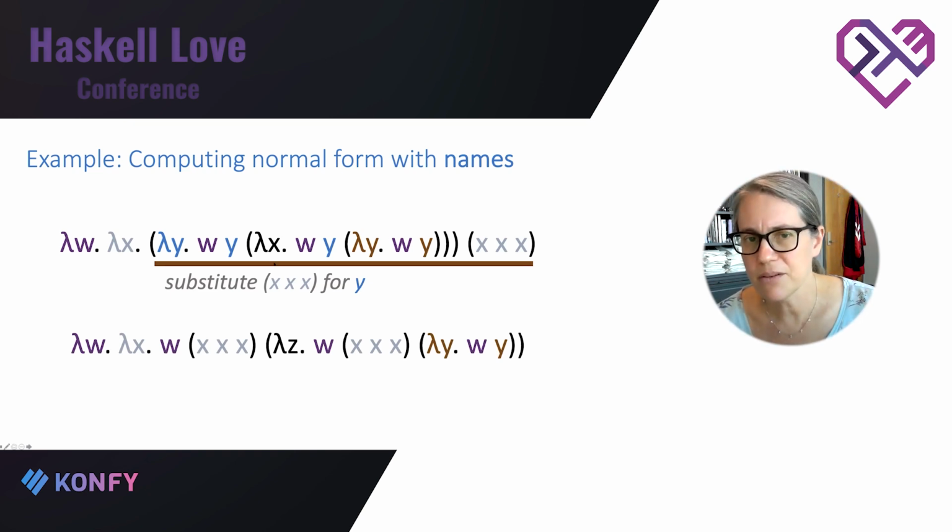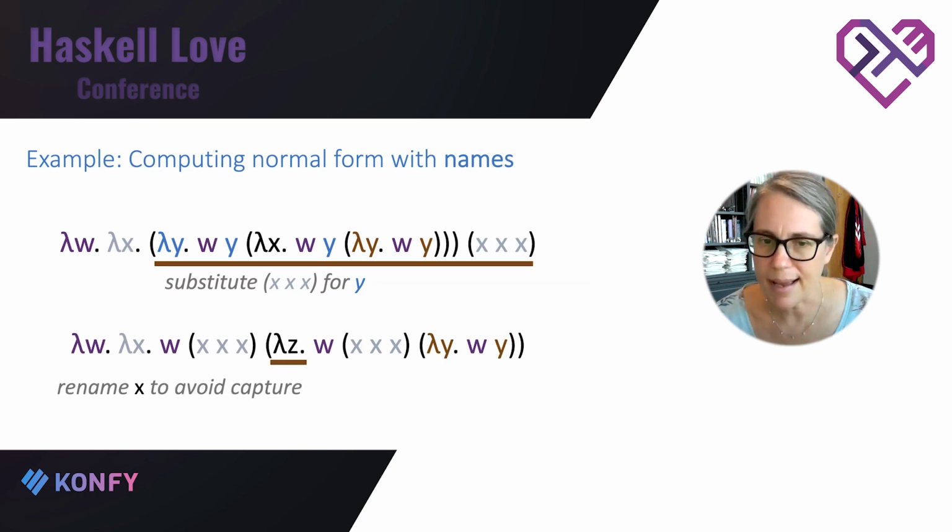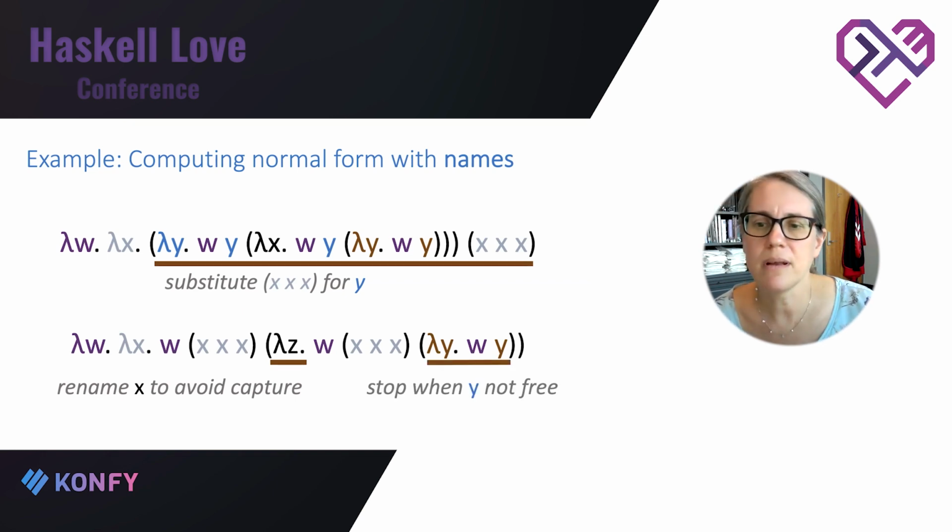Notice also we had to avoid capture. Here, this y is underneath a bound variable x, but x appears free in the term we're substituting in. And so we had to rename that to z. So you can see we had some renaming that had to happen while we were computing this normal form. But we also had an opportunity for optimization.